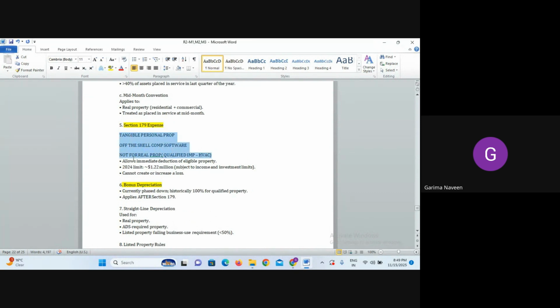Okay. But if it is a real property, then no. But if you have some qualified improvement on this real property, then these improvements can be taken as 179 expenses.